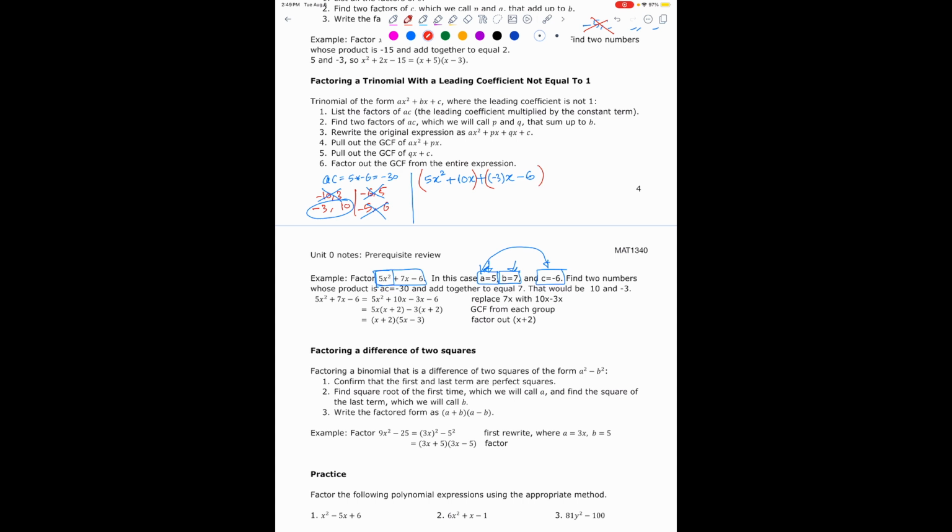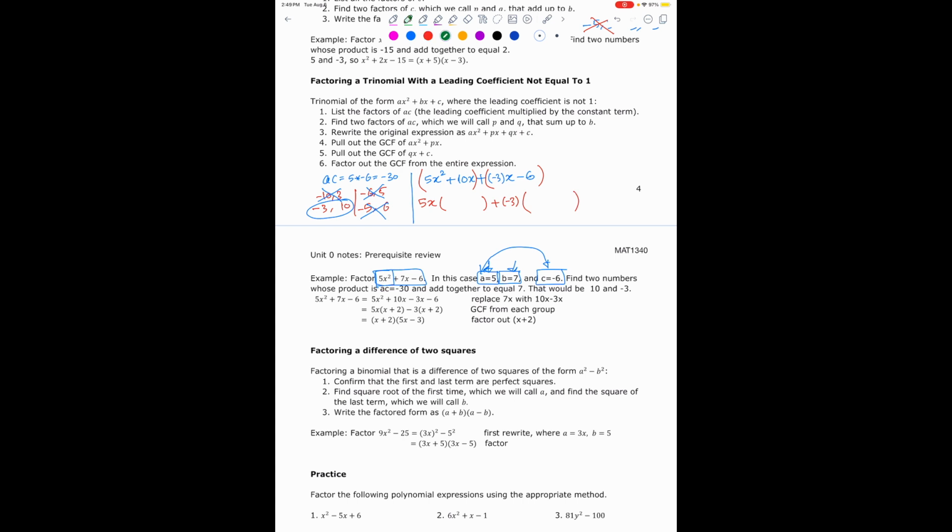Notice the greatest common factor of the first binomial that I created here is 5x. So if I pull 5x out and then plus from the second one, I have -3 as a common factor, so I will pull it out and then I will put the remainder in between the parentheses.